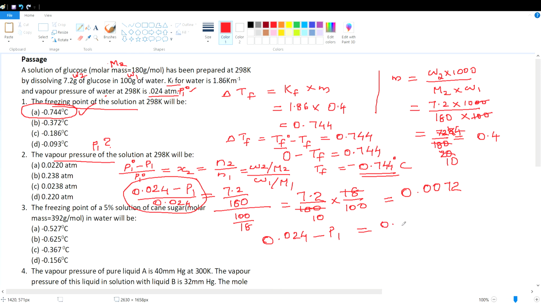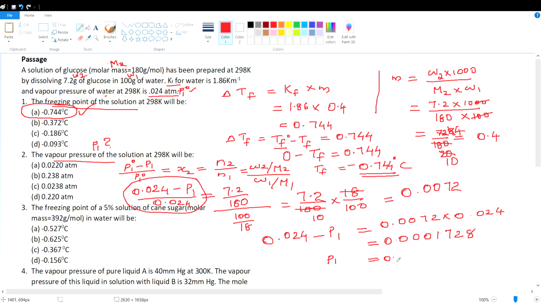So what do we get? 0.0072 multiplied by 0.024. This is equal to 0.0001728. So P1, negative P1, we take it as positive P1, that is P1 is taken to the right side. So this part is taken to the left side.